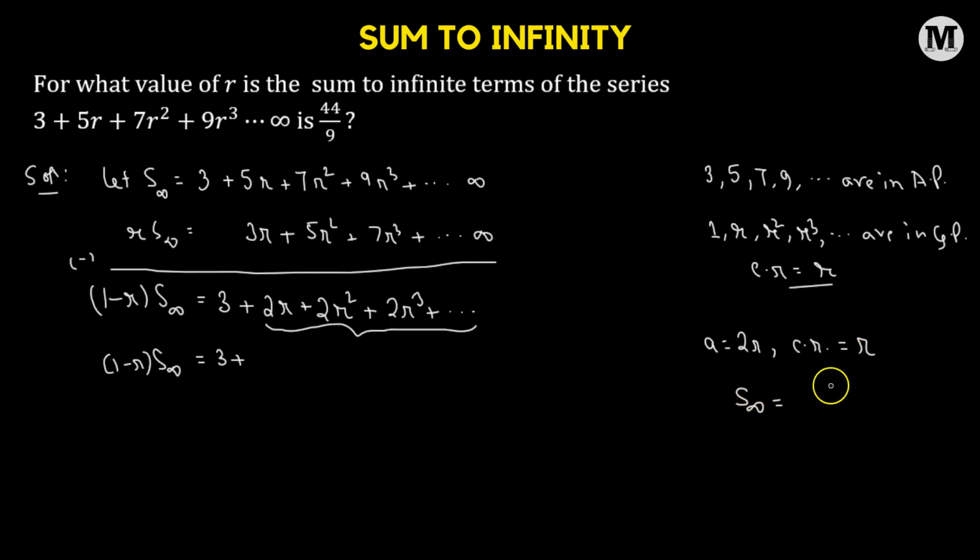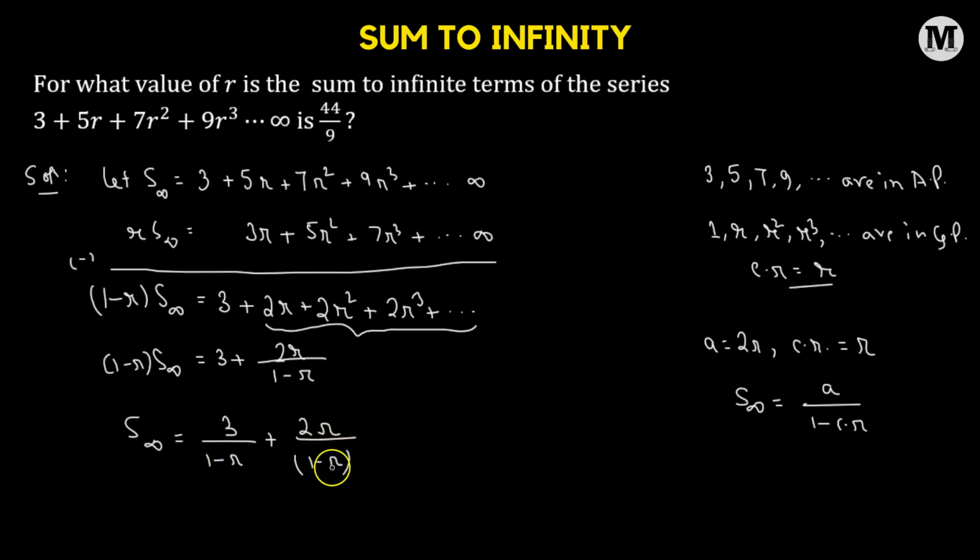That's given by the first term divided by 1 minus the common ratio. So for our case, we have 2R divided by 1 minus R. Which means for the sum of the infinite terms, we're going to divide both sides by 1 minus R. This gives us 3 over 1 minus R added to 2R over 1 minus R whole squared.